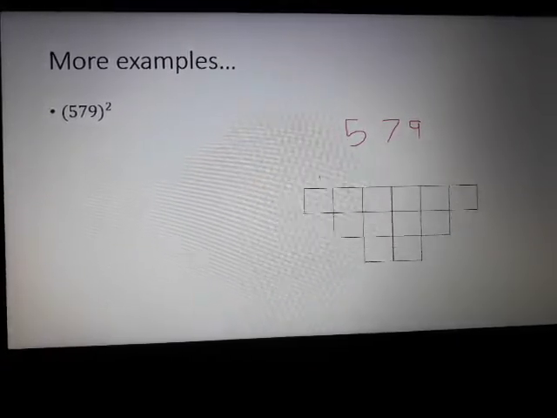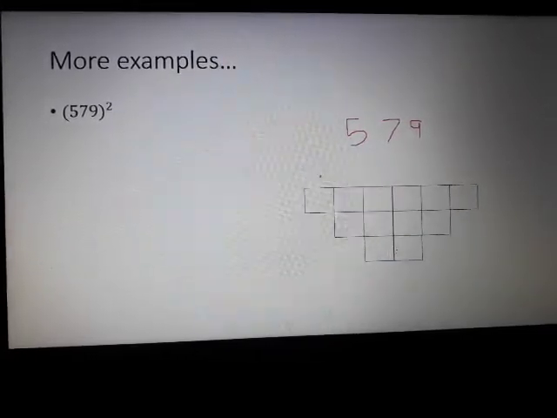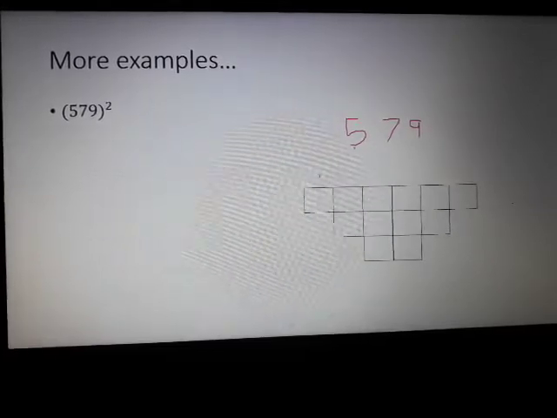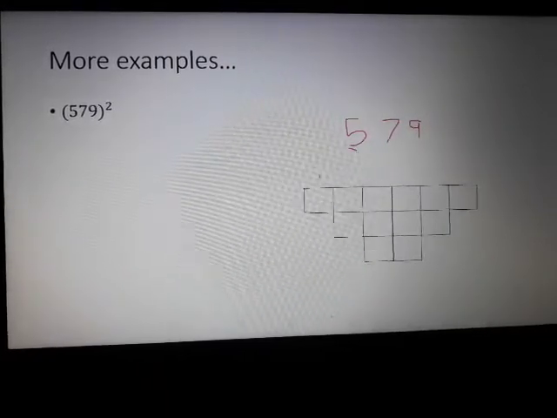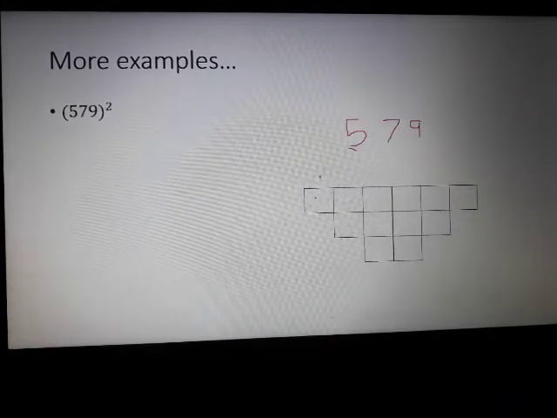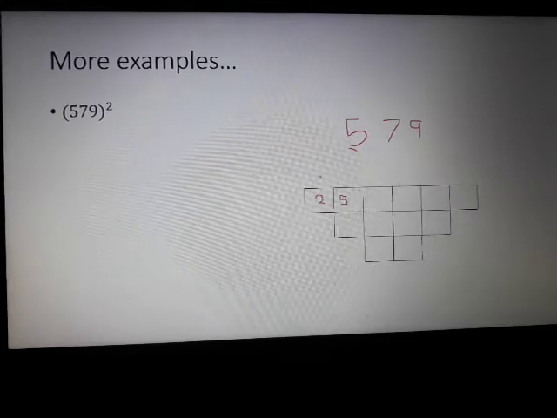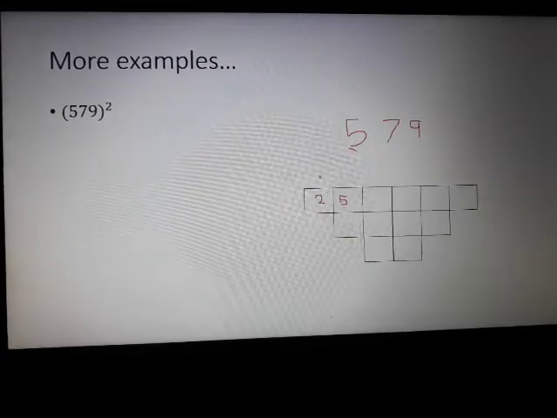The first row should have 6 boxes, second row should have 4 boxes and third row should have 2 boxes. First, consider only the leftmost digit, which is 5. Take the square. Square of 5 is 25. Write 25 in the left 2 boxes of the first row.